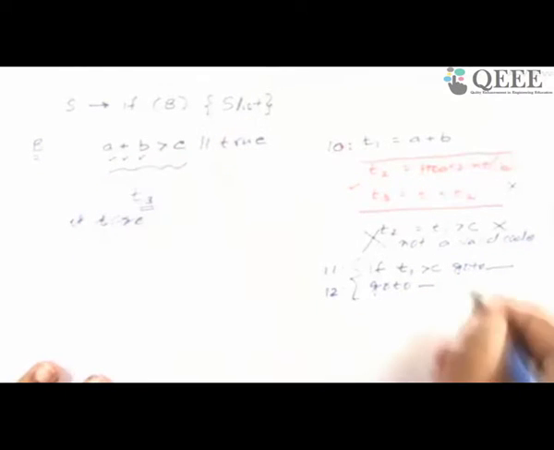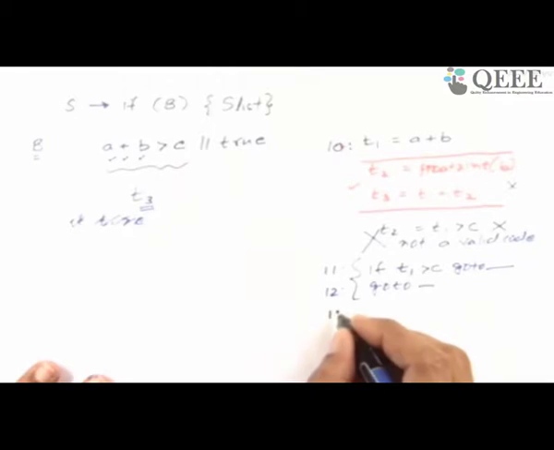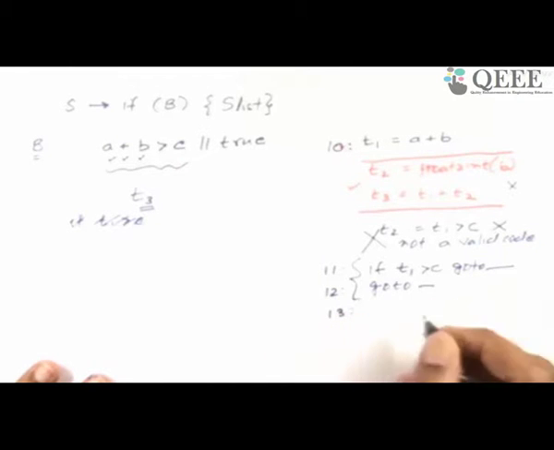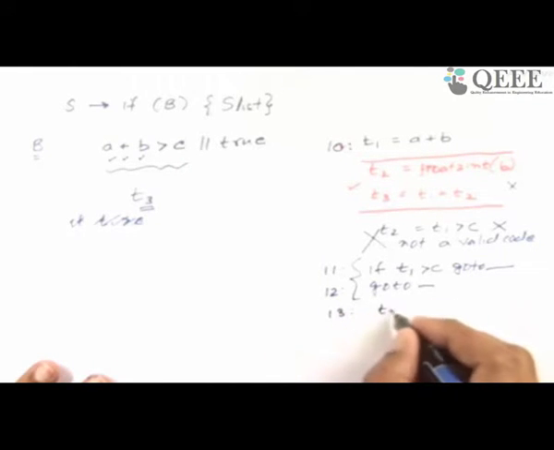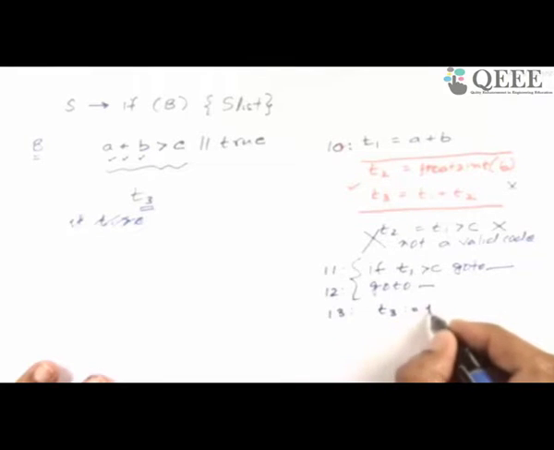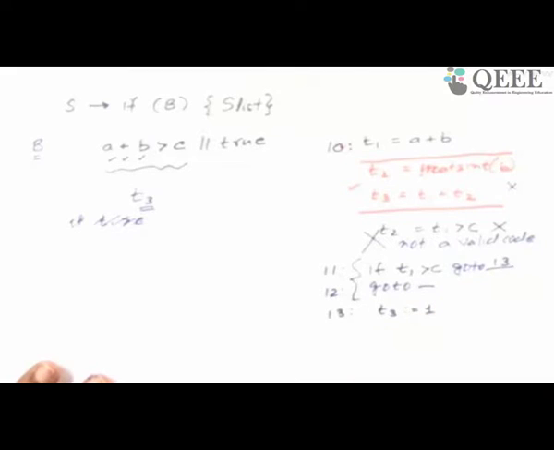So then in 13, we insert T3 assigned 1. This means the expression is true, and this go to will be 13. So if the expression is true, please go to 13 and there assign the value T3, which is for the whole expression, to 1 or true.